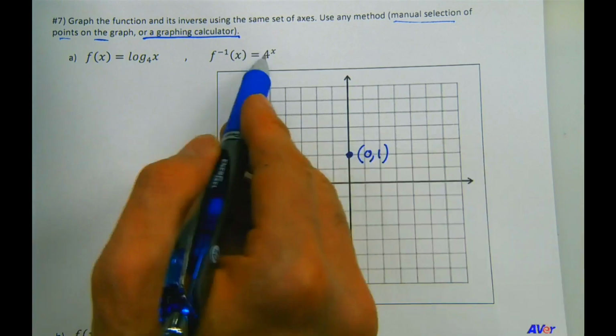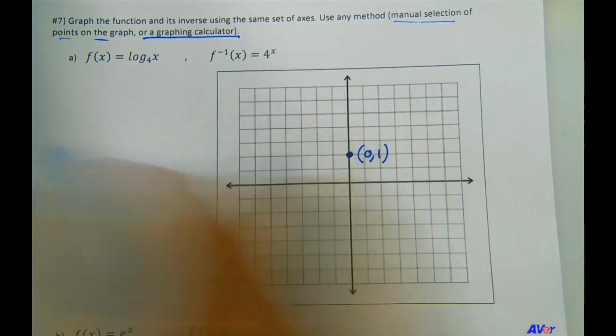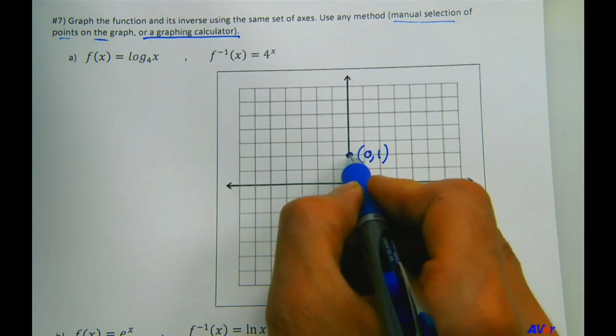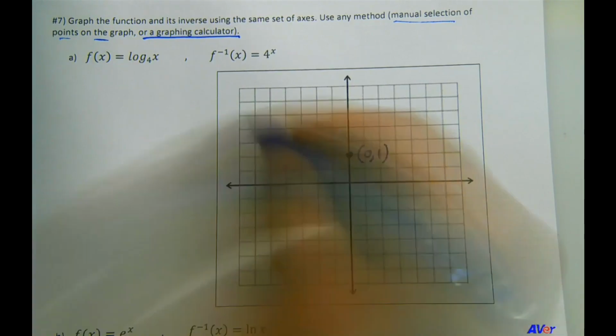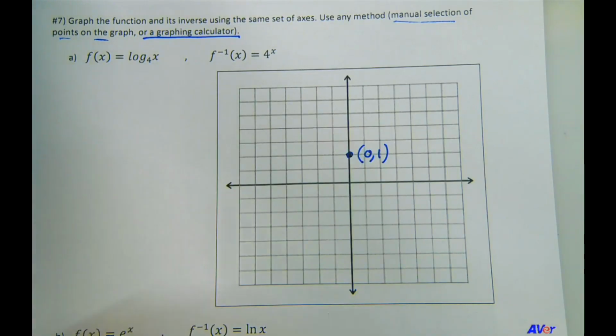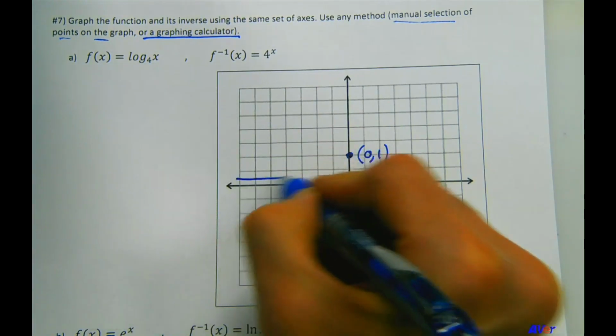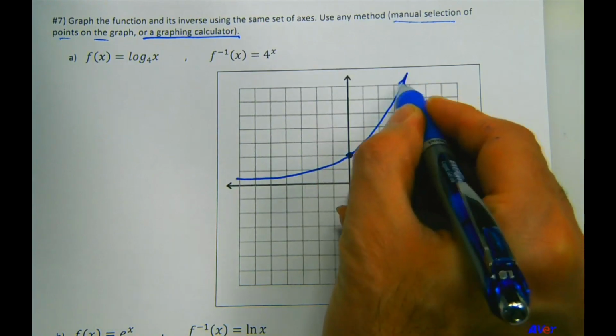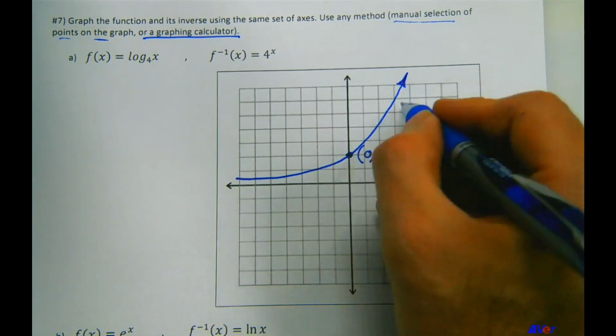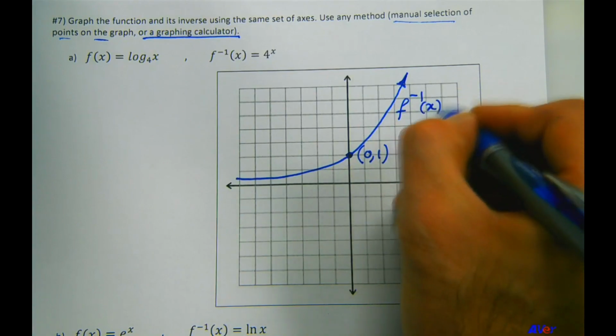So the graph of this function is an increasing function, and it's going to go through that point as the y-intercept. It's going to look something like that. This is f inverse of x, like that.